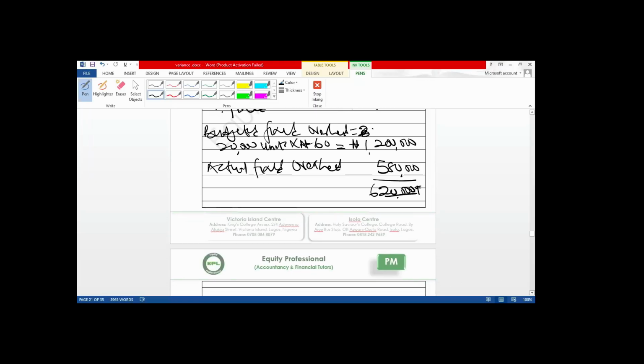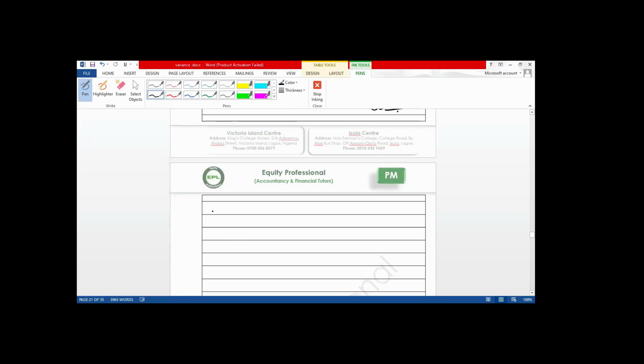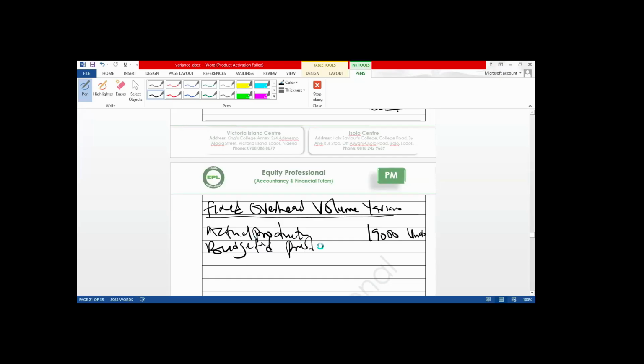Lastly, your fixed overhead volume variance. Actual production, 19,000 units. Budgeted production, 20,000 units.